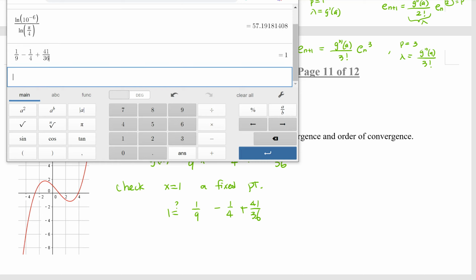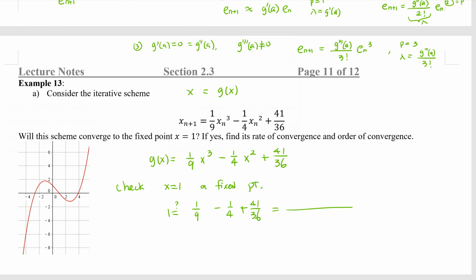The answer is 1, and we don't need a calculator. We can do it by hand. 9 times 4 is 36, right? To get the common denominator 36, we multiply the first term by 4 and the second by 9, then plus 41. 4 minus 9 is minus 5, and 41 minus 5 is 36. So yes, 1 is a fixed point.